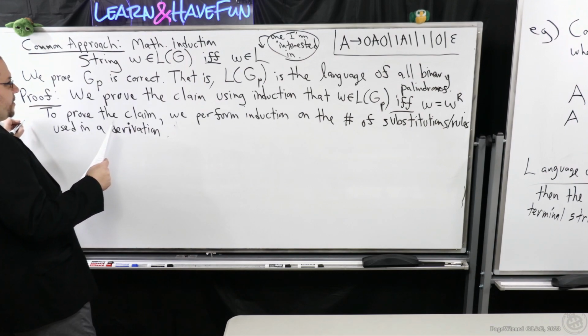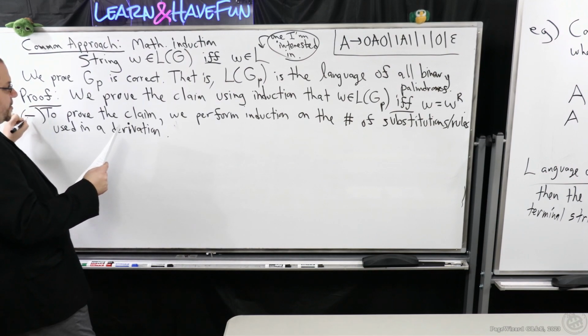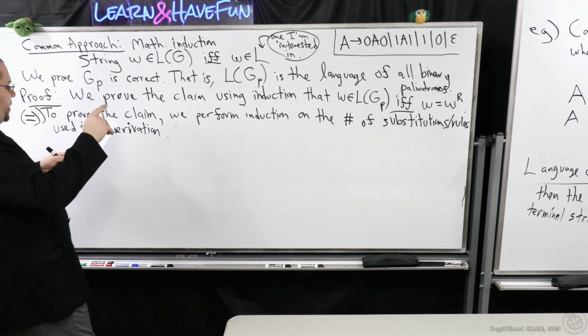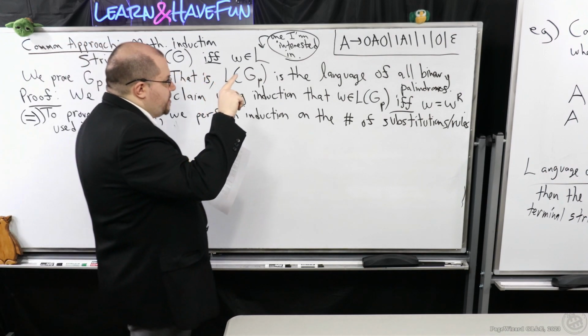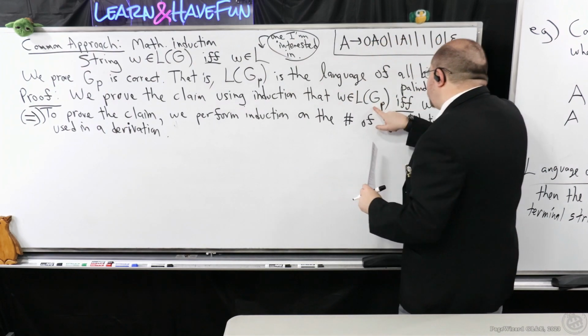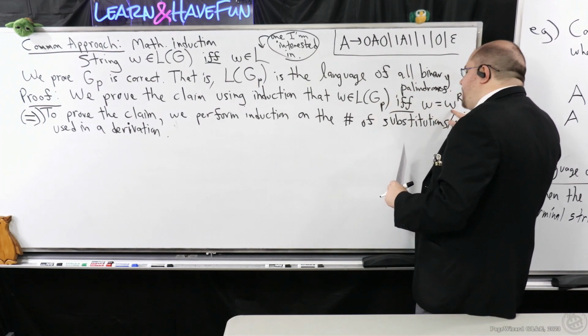What I'm going to do here is prove the parts separately. Namely, this direction: if I start off with a string that is a part of this language, L of GP, then it is a palindrome.